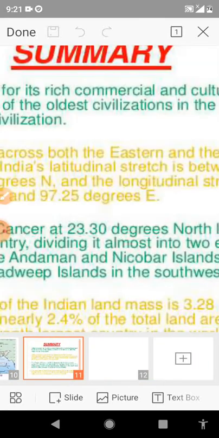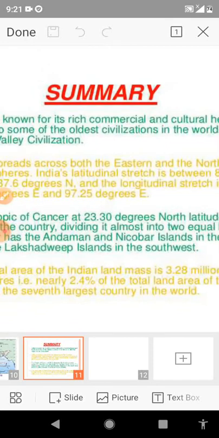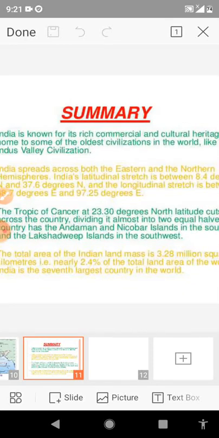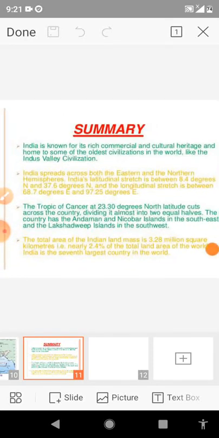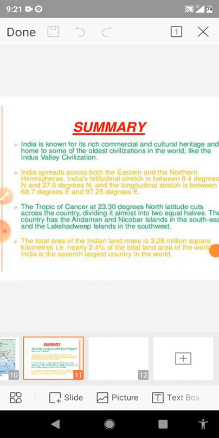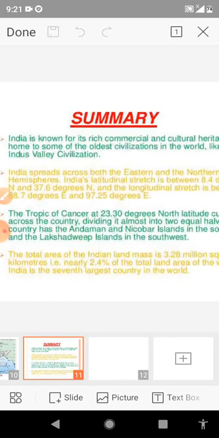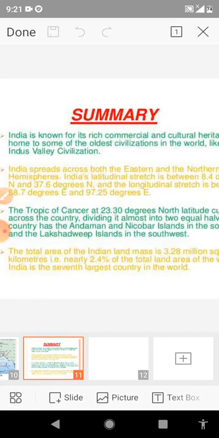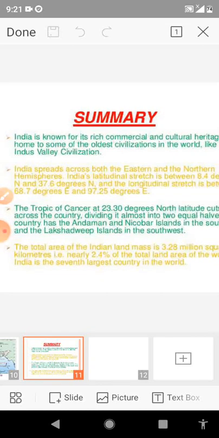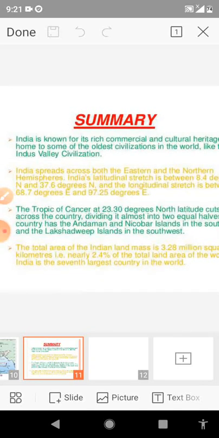Then after that we'll discuss the main points we covered in the chapter. With regard to our country, it is rich in its culture, traditions and civilizations. India is spread across both the eastern and the northern hemisphere. I told you about the latitudinal and the longitudinal extent of our country.